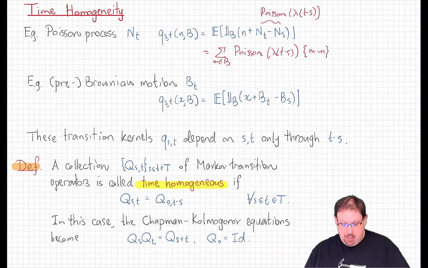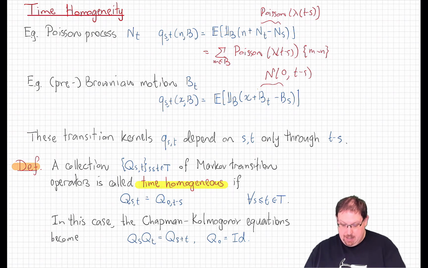We saw the same thing for our construction of a not necessarily continuous version of Brownian motion. There, the transition kernels were given like this, and the Brownian increment, B_t minus B_s, was distributed as a normal centered of variance t minus s.